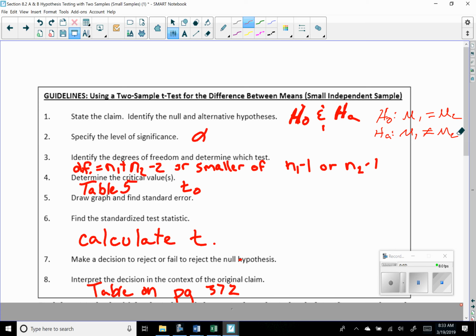Okay, and you could state that as well by saying that mu1 minus mu2 is equal to 0, and that mu1 minus mu2 is not equal to 0.